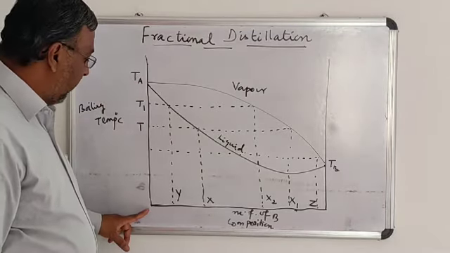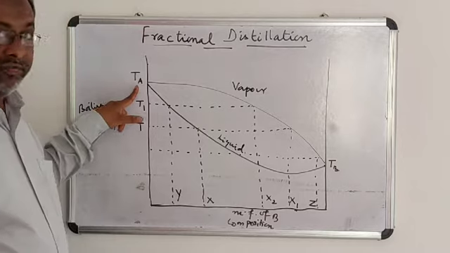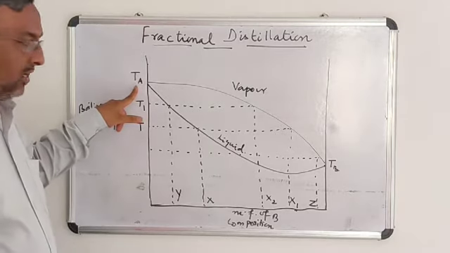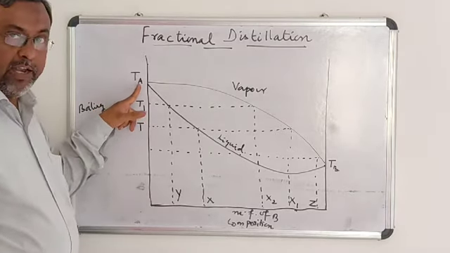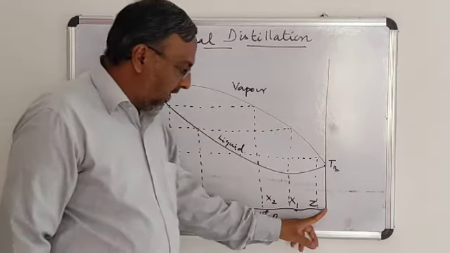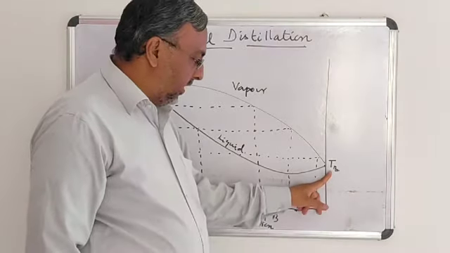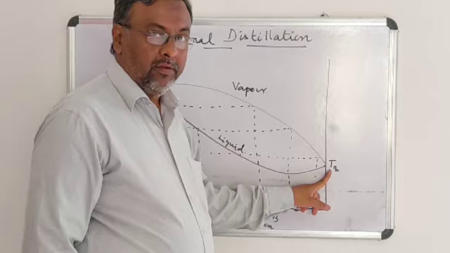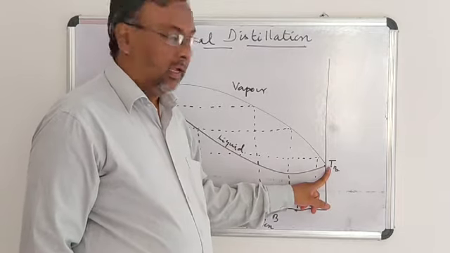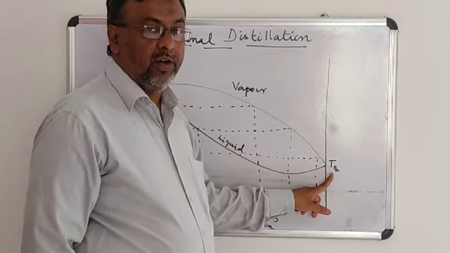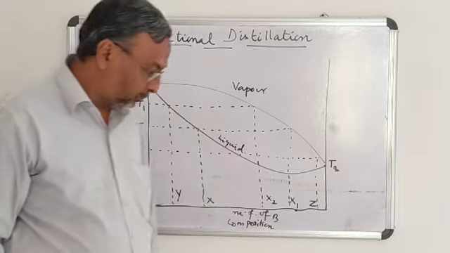The vapor pressure of A is very low, therefore it has a very high boiling point, whereas the vapor pressure of the liquid B is very high, therefore it has a very low boiling point.